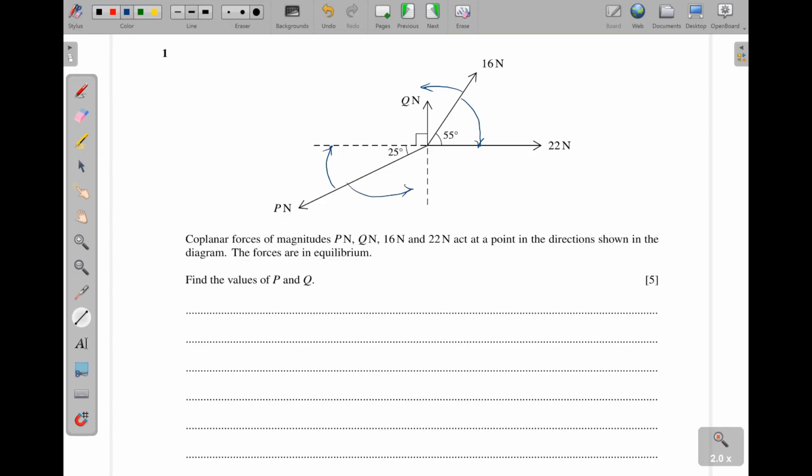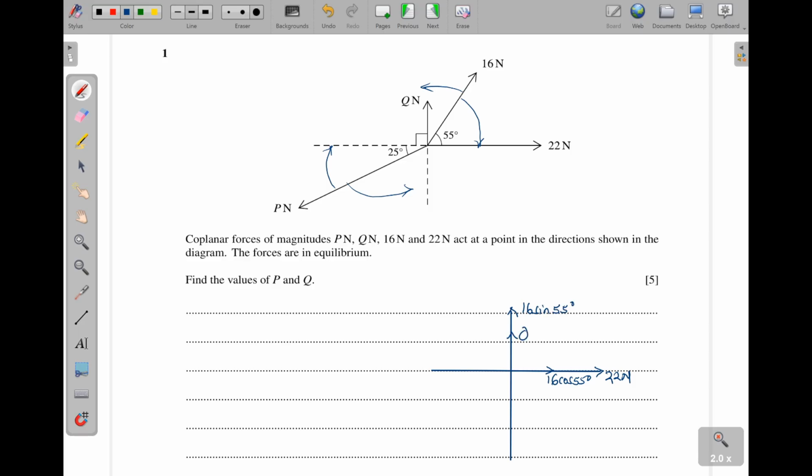I usually draw a diagram here, and then I summarize my resolving of the forces. When we resolve 16 downwards, it is going to be 16 cosine of the angle 55. Then when it goes up here, it is going to be 16 sine of the angle 55.